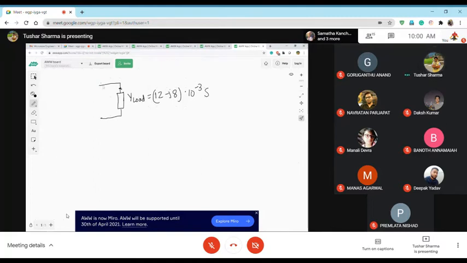And say I have to match it to 250 ohms. Okay, I also tell you that this is my matching network.